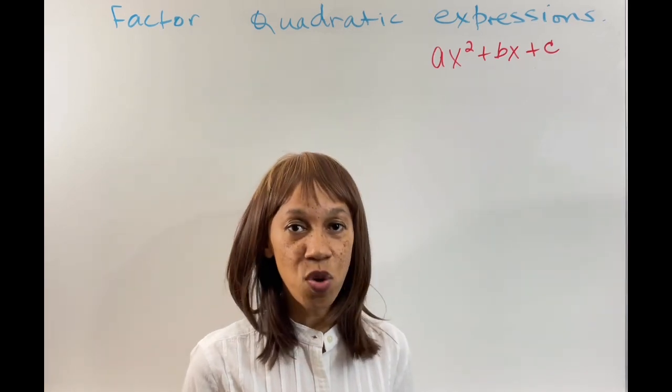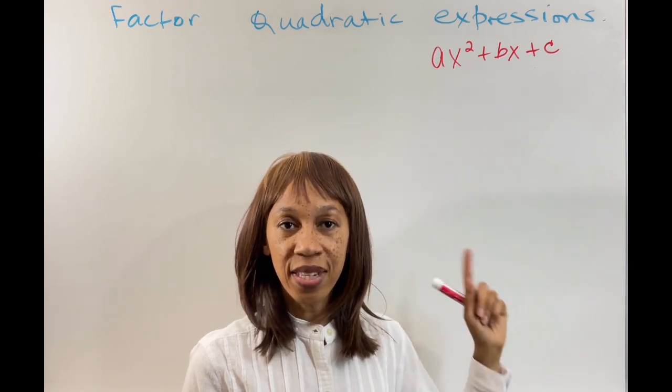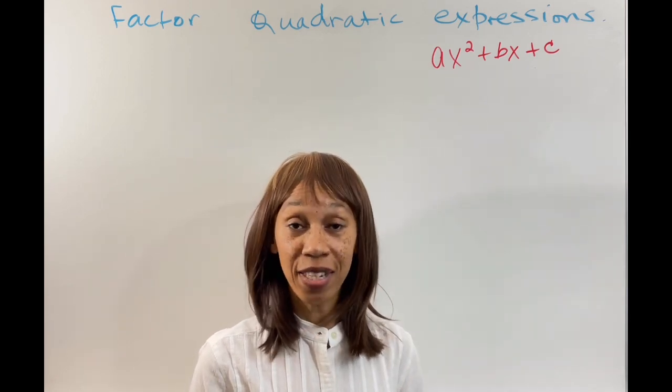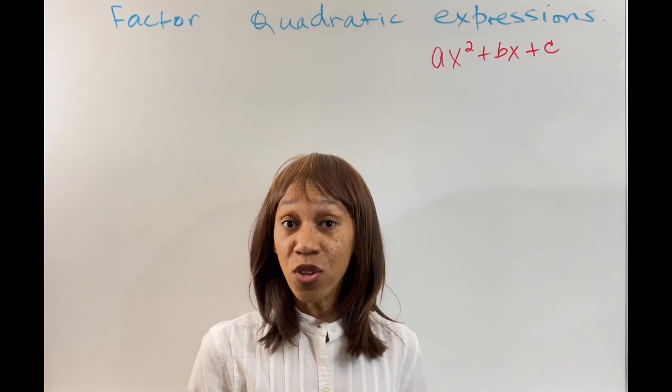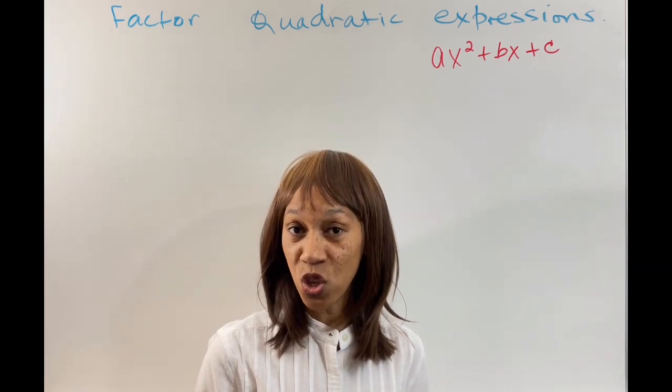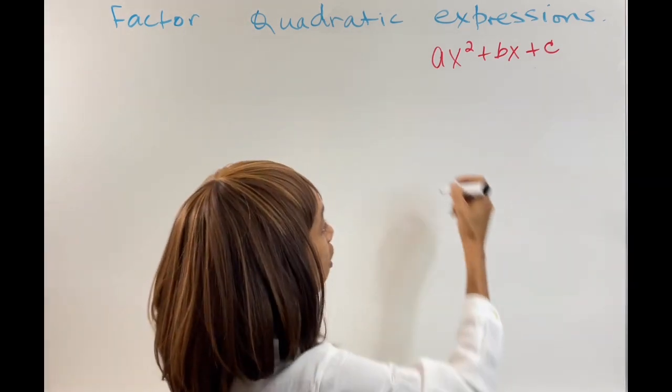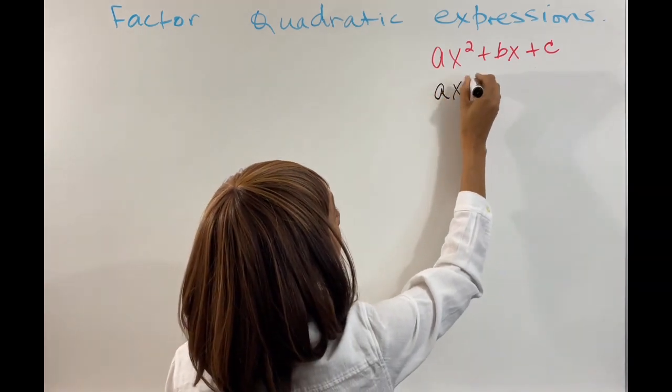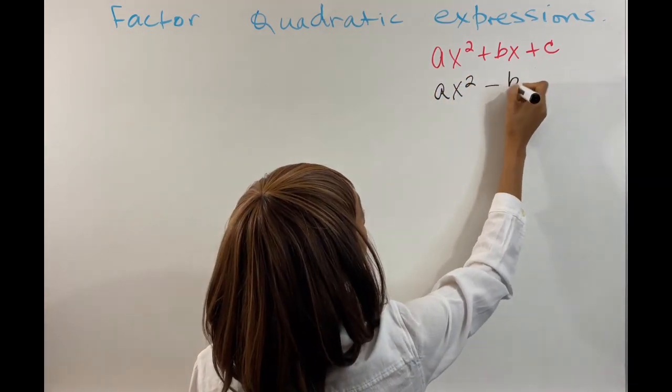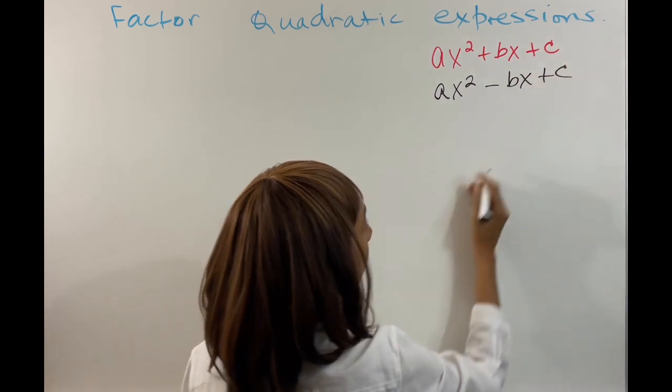Not all the time you will end up with the standard form, which is ax squared plus bx plus c. The quadratic expression that will be given to you sometimes will be in the form of ax squared minus bx plus c.